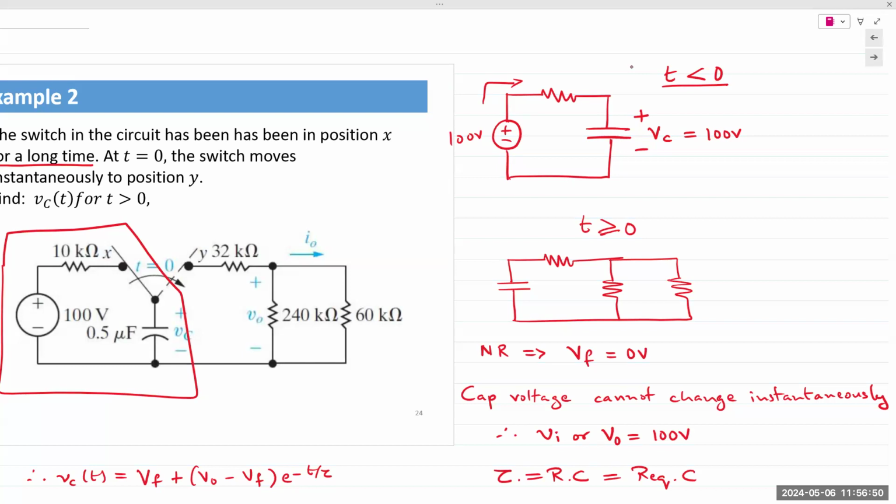We just need to find tau, meaning R times C. The only thing we don't have is the initial starting point. Final value will always be 100 volts because we are looking at it from the perspective of the capacitor. We need to find the Thevenin voltage as seen by the capacitor, and that would be 100 volts.